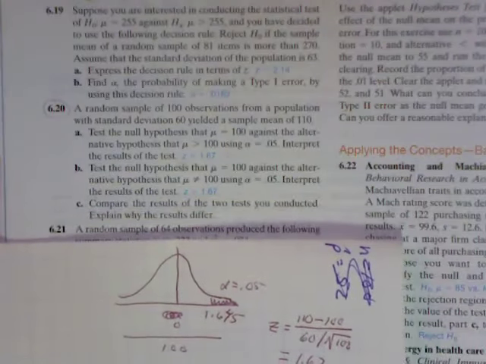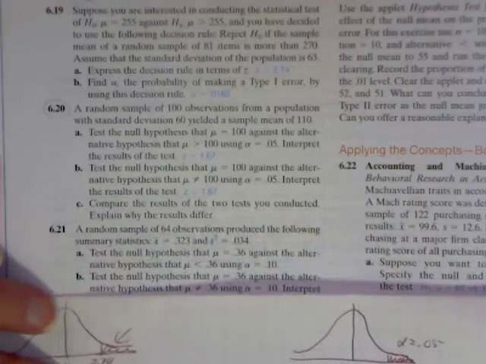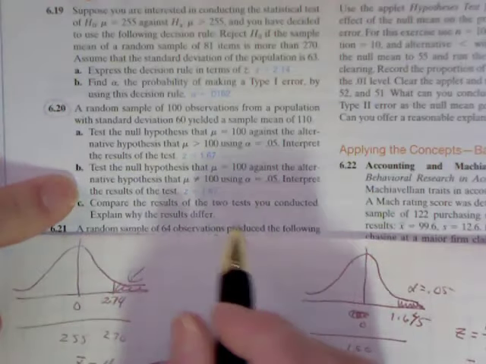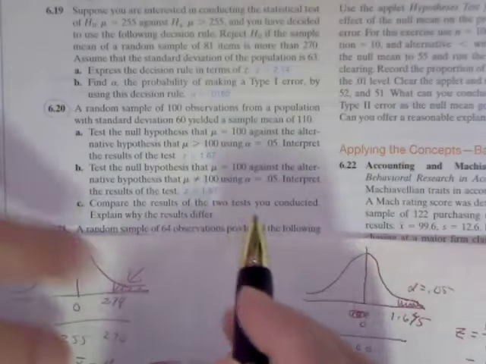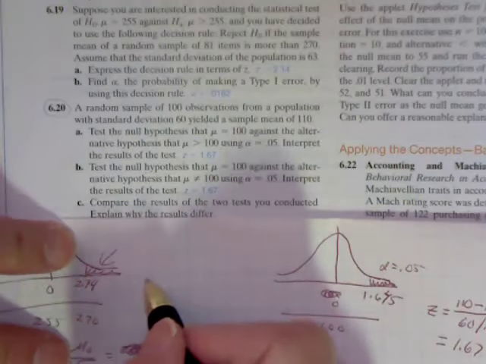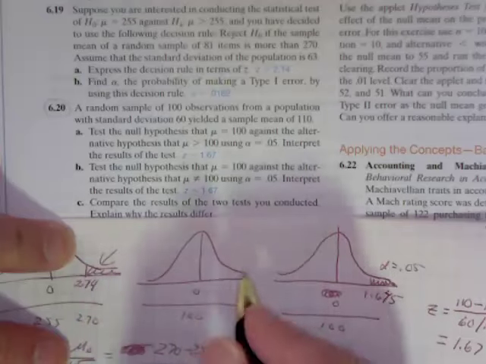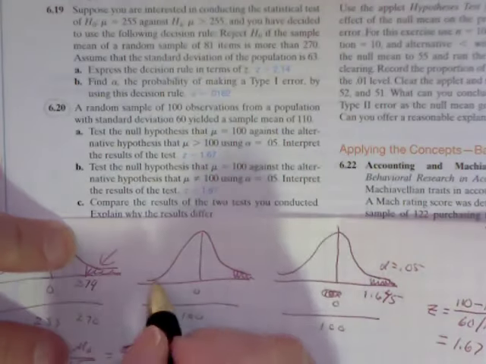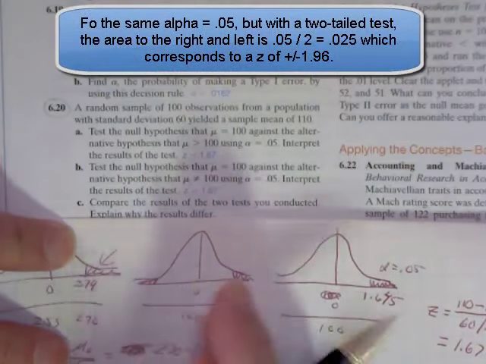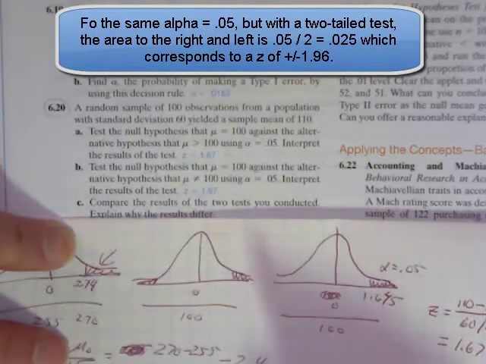And the other part of this deals with a two-tailed test, where we test against the hypothesis that it's not equal to 100. We're pretty close here, by the way, and what we're going to find out is we can't reject this one. So we'll draw a picture. Here's 0. This corresponds to 100. And the two-tailed test is going to be a little bit further out, because this was all on one side and now I'm spreading them out on two sides.